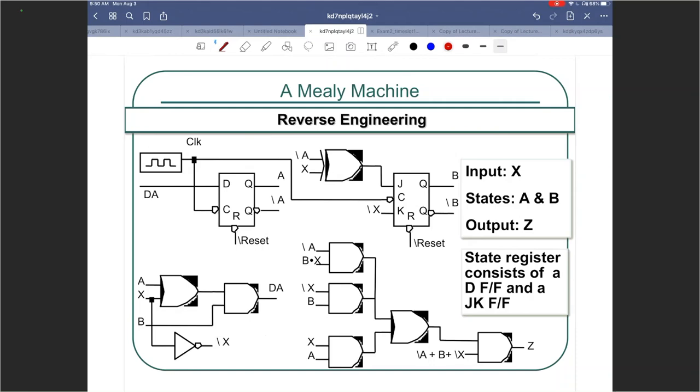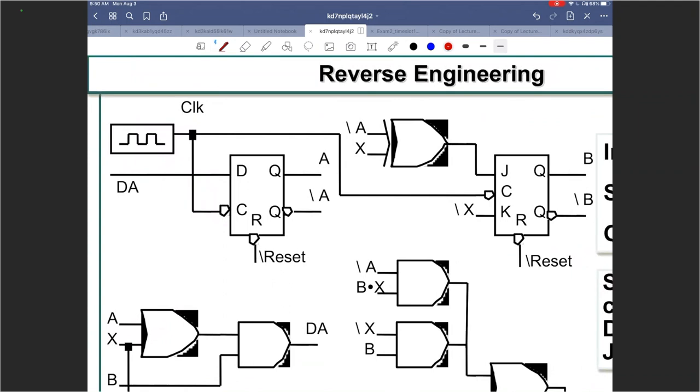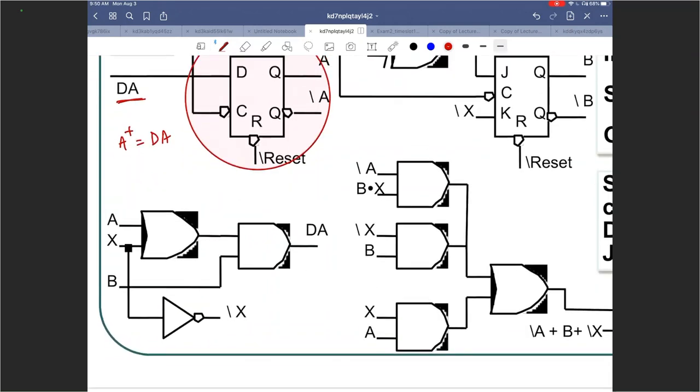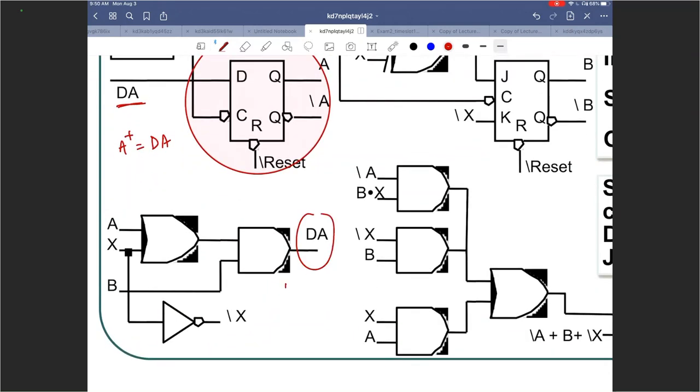So if I was trying to do an equation for this, I would simply say A plus equals DA, whatever the input is, and DA comes from here. DA is A or X and B, and that would essentially be A plus.